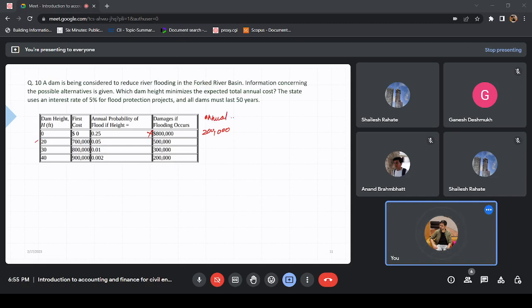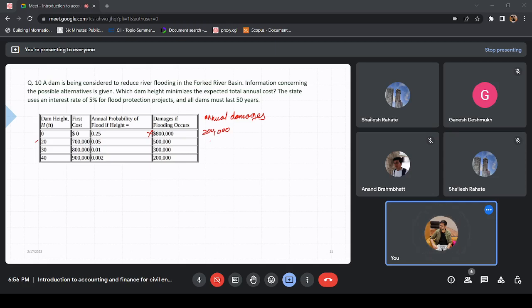So if annual damages is the cost, what would be the value here? I mean, it's simply 0.05 into 500,000.